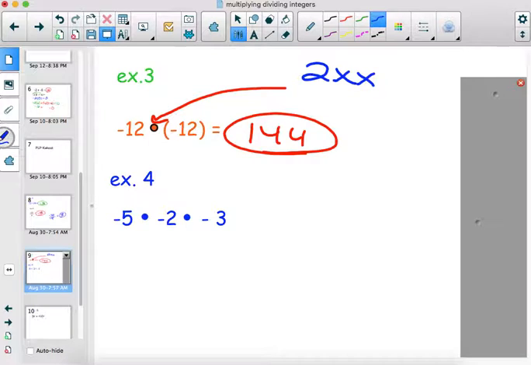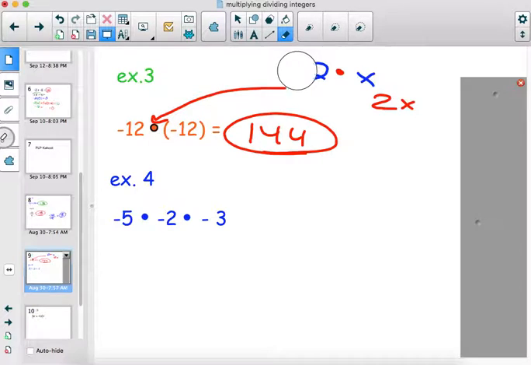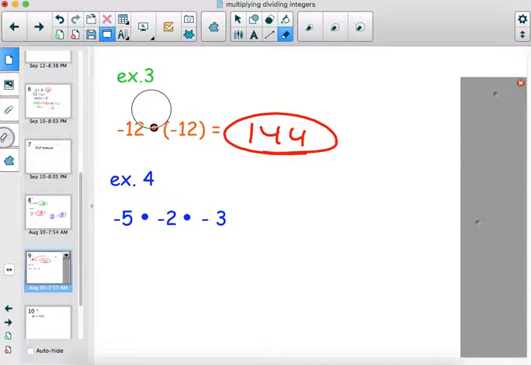So they'll put a dot for times, and after that you might just see 2x. They'll just smush them together like that, because that means multiplying. Right now I'm still going to be using the dot.